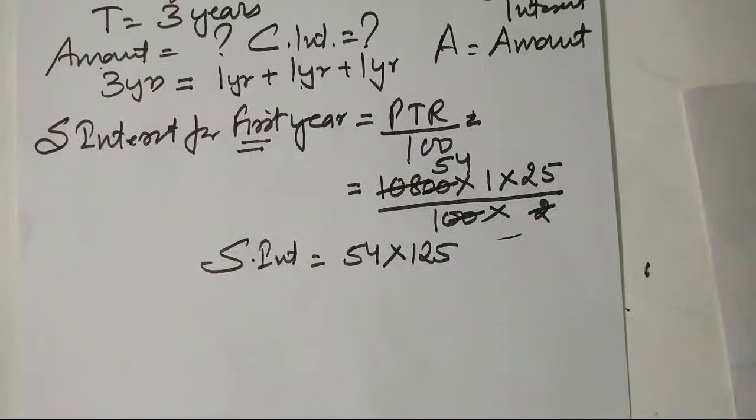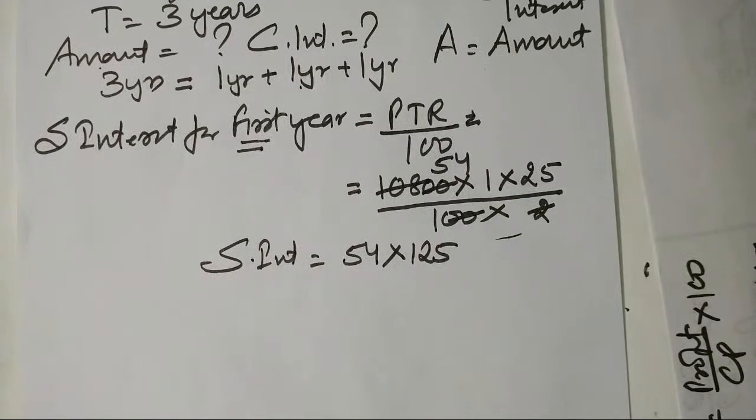That will give you the simple interest for the first year. So what is the interest which you get for the first year on 10,000? Because the rate of interest is 25 upon 2, when we multiply, we will see that the answer is coming 6750, which is the interest for the first year.